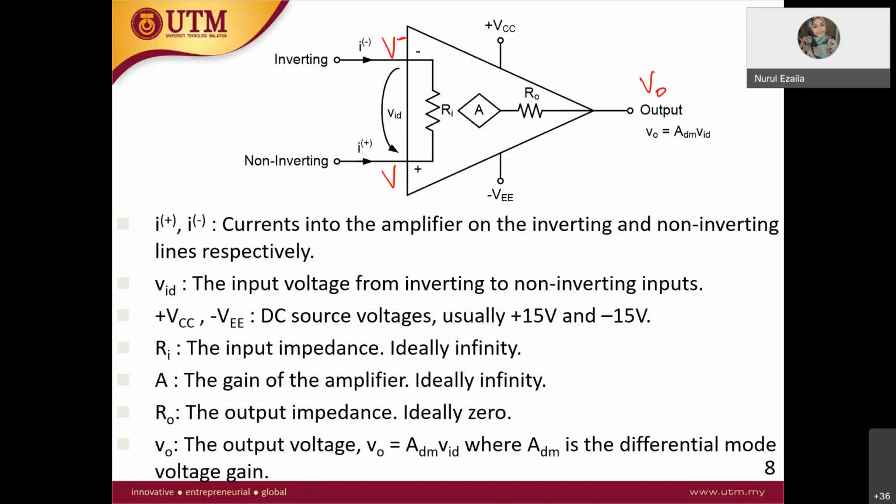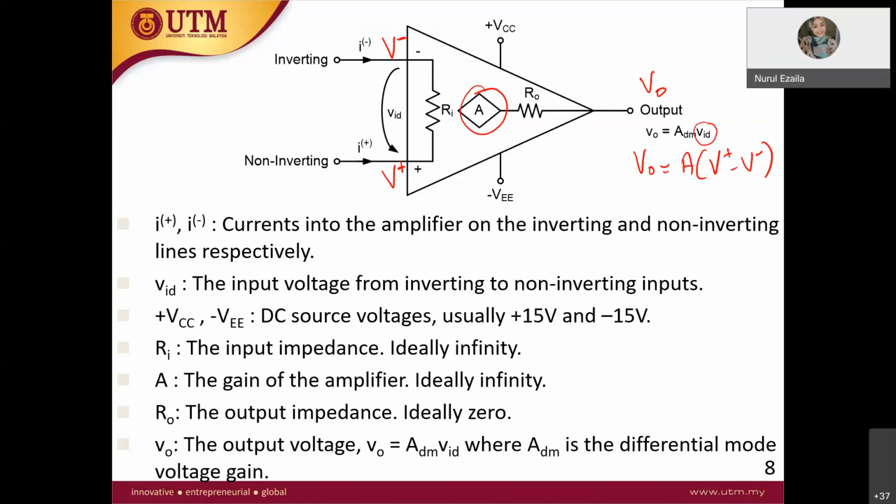Usually V minus is the inverting input, V plus is the non-inverting input. Therefore this V out is actually the gain multiplied with the difference. This V in D means V in difference, so in this case it is equal to V plus minus V minus.